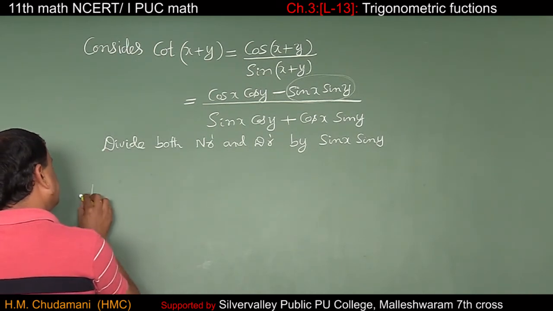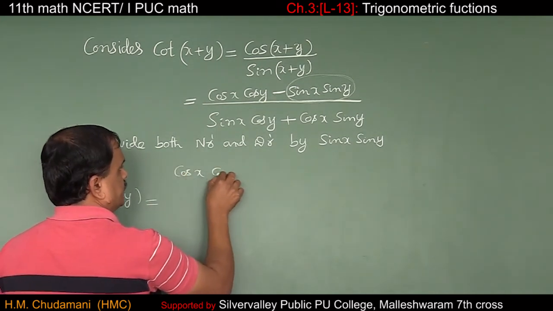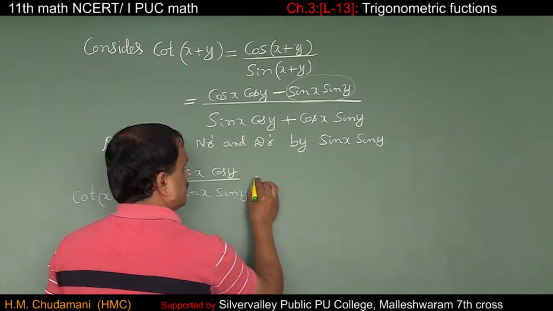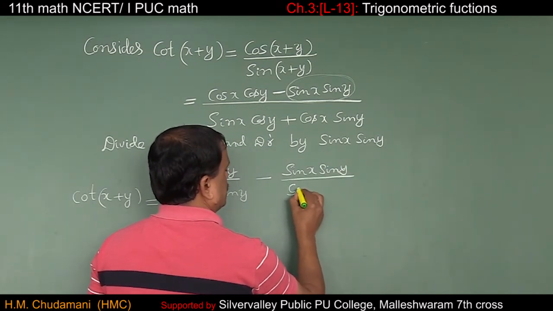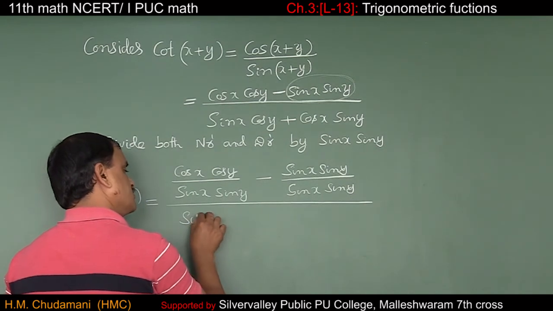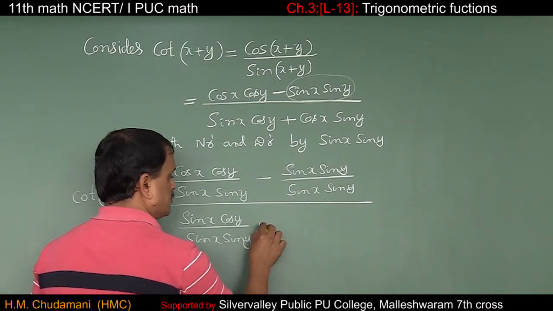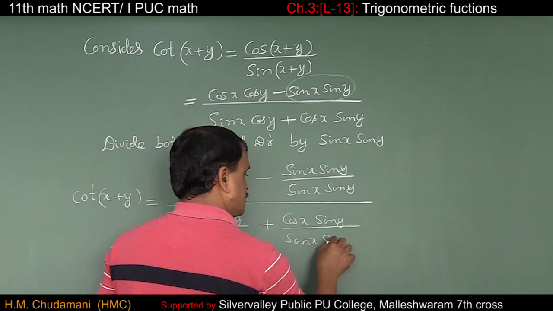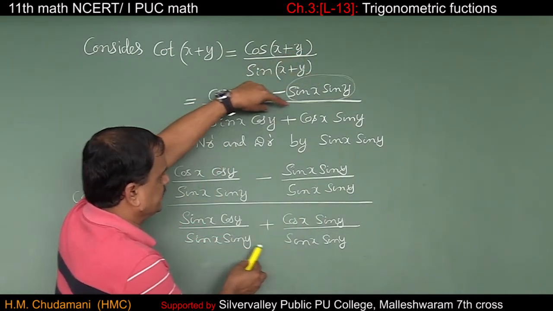So that is cot of x plus y is equal to, this divided by sin x sin y, this divided by sin x sin y, this by sin x sin y, this by sin x sin y.